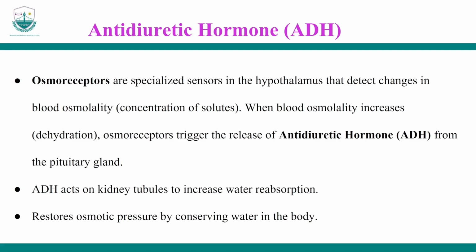So, antidiuretic hormone. This hormone is only released when you don't have sufficient water in your body. Your body has what you call osmotic receptors. These are receptors that can detect changes in blood osmolarity, basically the amount of water in your blood, in relation to the solute concentration.